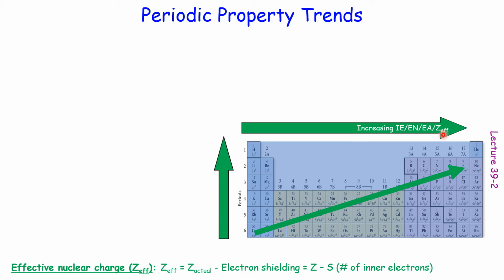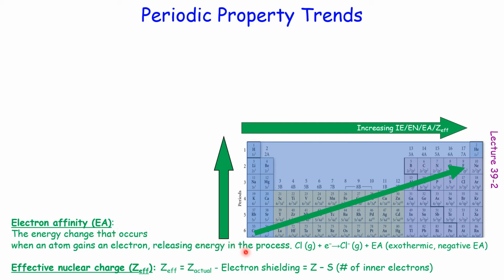The trend for effective nuclear charge is the same as electron affinity, electronegativity, and ionization energy. So that's the same trend. All of those 4 periodic properties follow the same trend, increasing from left to right, from bottom to top.